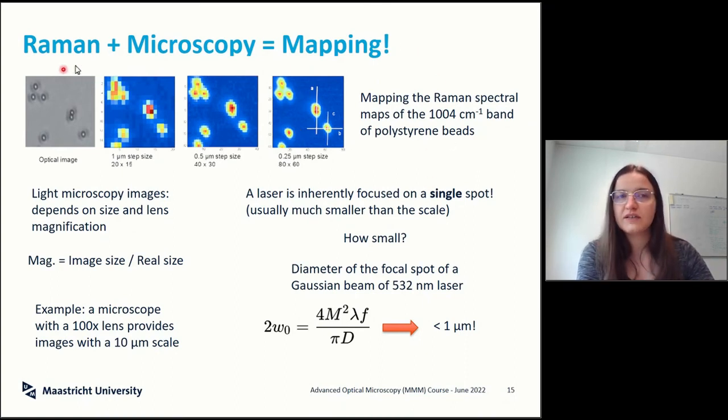So for instance, these maps were tracking a specific band at 1004 centimeters to the minus 1. So in these images you only see intensity when the band is popping up. If there is nothing there, then you will not see anything. And you can see here that this went all the way down to 0.25 micron step size, so it can be pretty precise.